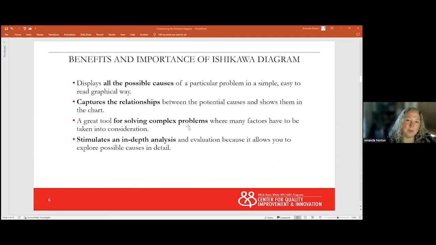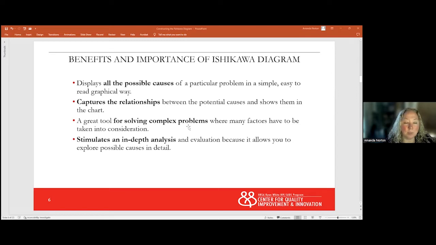What are the benefits or the importance of this? It displays all the possible causes of a particular problem. When I work with a team, and I spend a lot of my time doing coaching and practice facilitation and interventions directly with teams, we'll identify a problem and people will just start throwing out reasons why, causes. What causes that? Why is this happening?